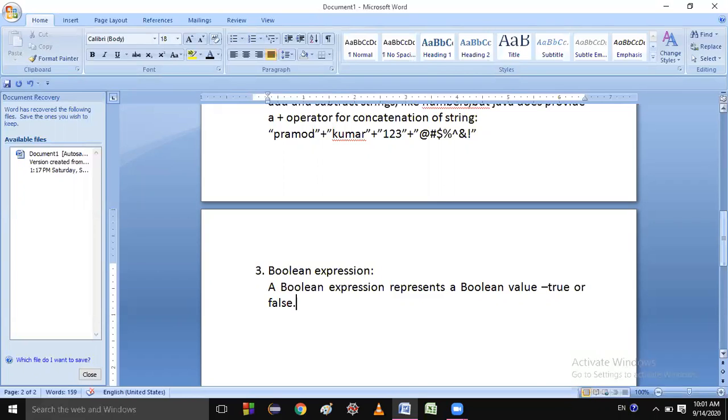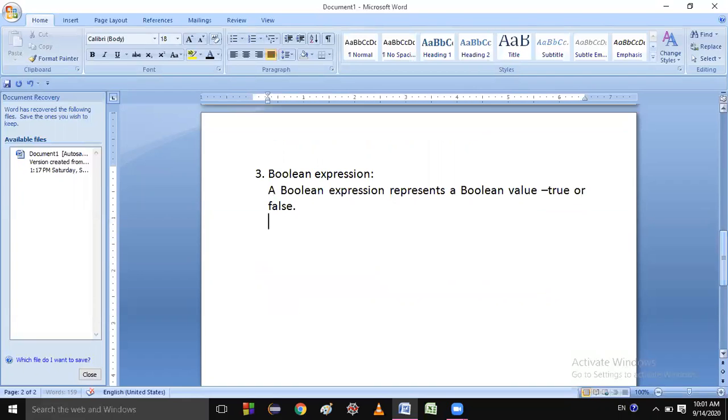Basically it works with the logical operators, which you can call Boolean operators. Let me write an example over here. A Boolean expression will have the Boolean operator.